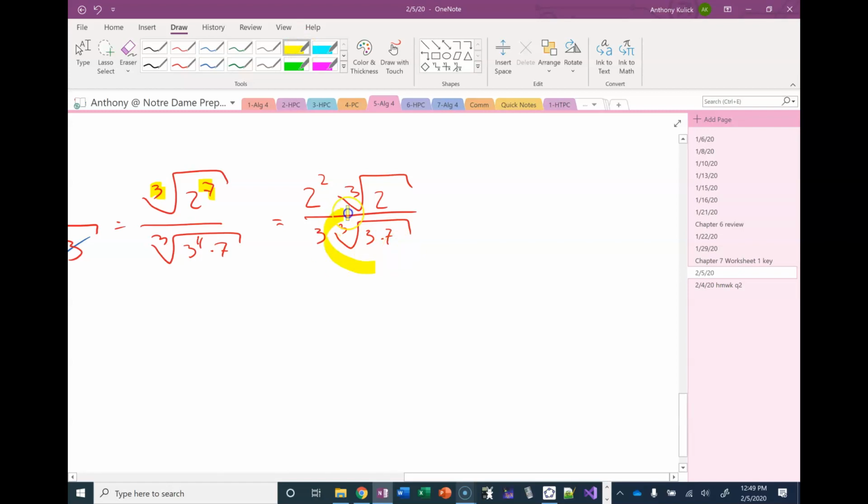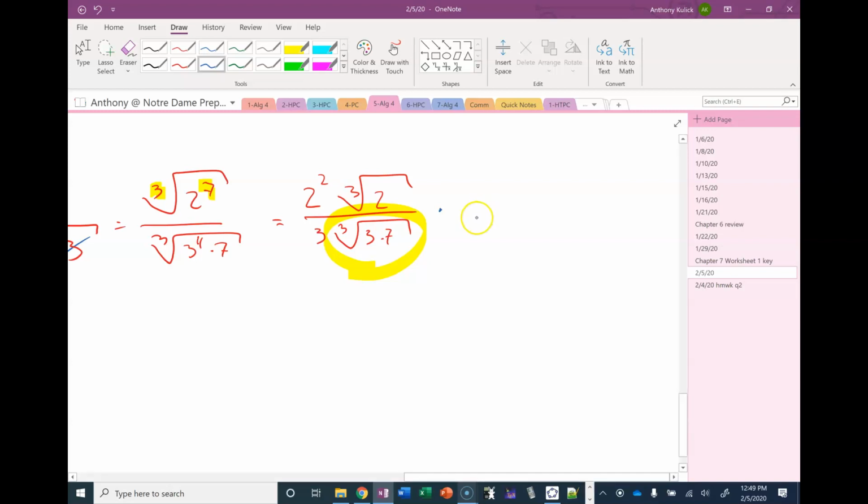Now all we have to worry about is this radical in the denominator. So, in order to get all those 3s out from the radical, how many 3s would I need underneath the radical? Three of them, right? How many do I have under there right now? I have 1, right?